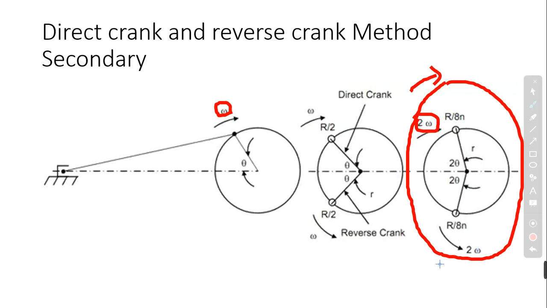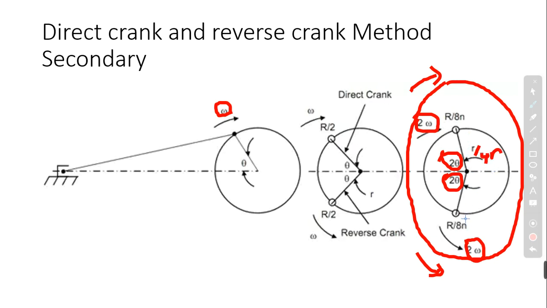Okay, and secondary reverse crank is an imaginary crank which rotates at twice the angular velocity in the opposite direction of the real crank, and its angle with the line of stroke is twice the crank angle, 2 theta.